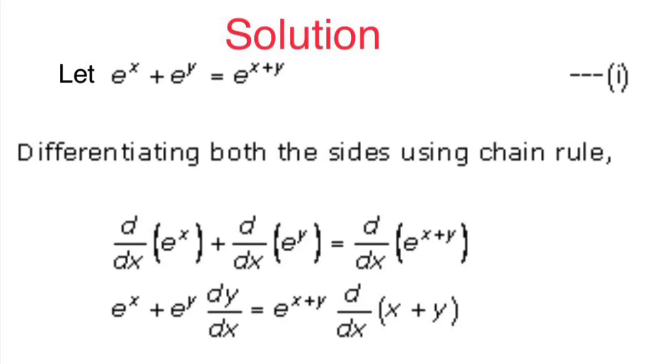Here y is acting as a function, that is why we consider it as a box, equals the derivative of e raised to x plus y will be e raised to x plus y into the derivative of x plus y, because x plus y is acting as a function, or you can say that it is acting as a box.